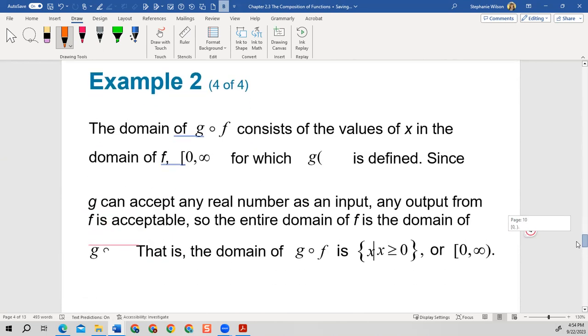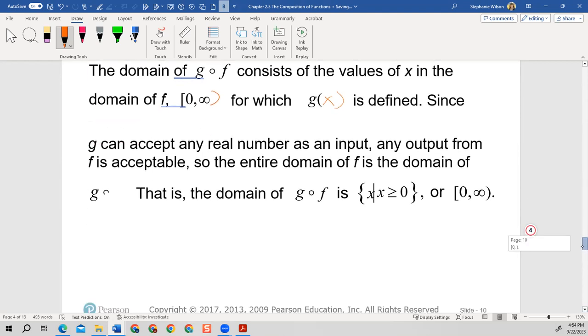All right. So the domain of g of f consists of the values of x in f of x, where we came out with a domain of 0 to infinity, for which g of x is defined, right? And then they said, okay, so the domain of g of f is going to be, because we have that even root.